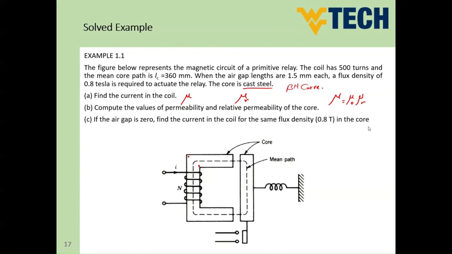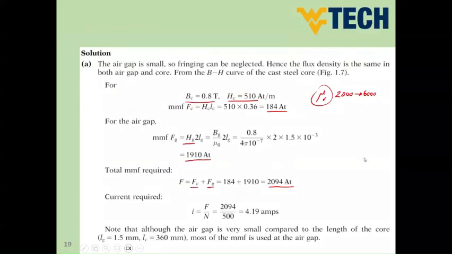So which means, guys, after this arm being attracted, we have 0 air gap. In this case, how much current will be required in order to have the same amount of flux, 0.8 Tesla? Actually, we don't need to make any more calculations because we already did that in our calculations right here.